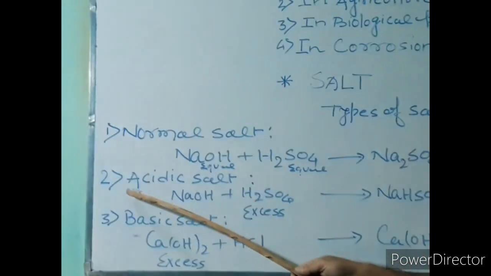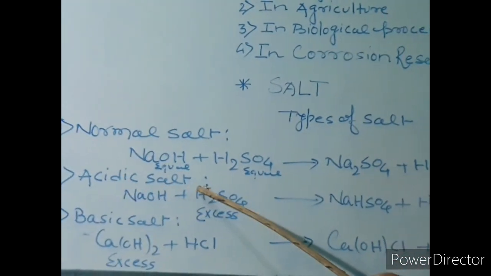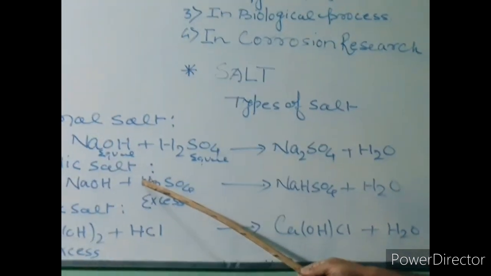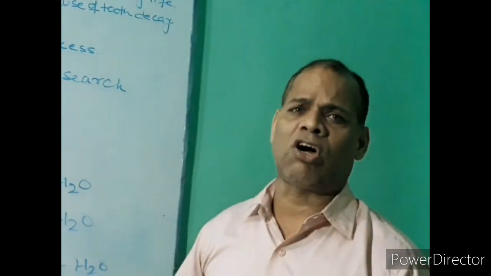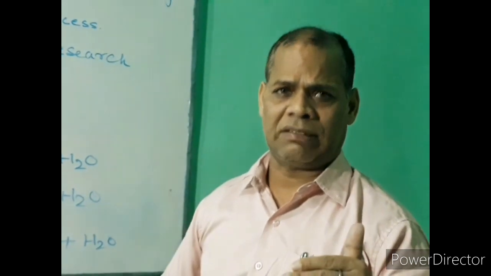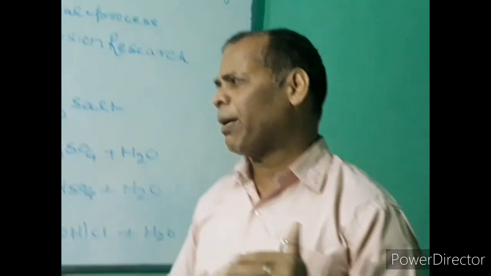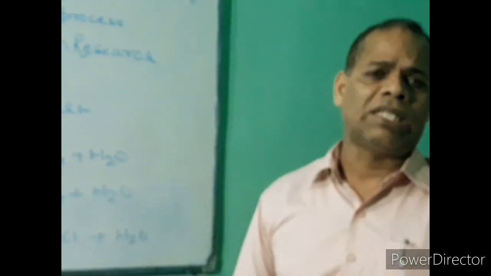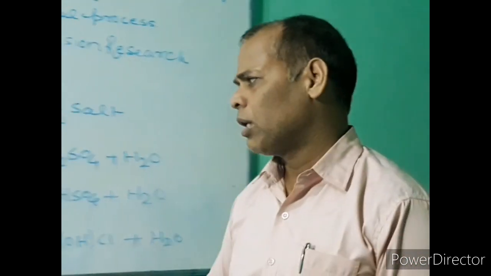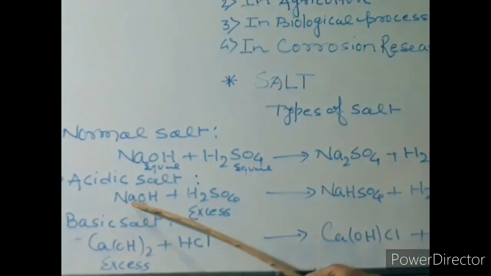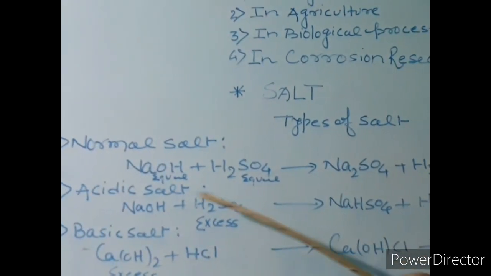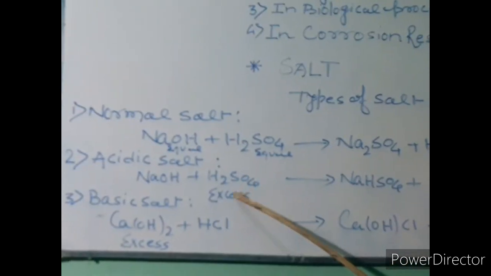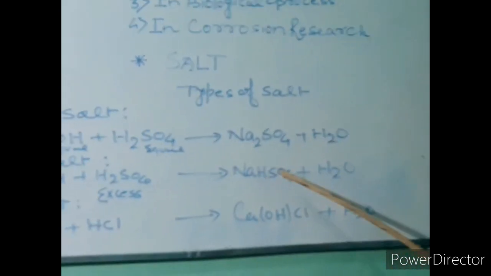Now another type of salt is acidic salt. Salt formed by partial replacement of H plus ion is called acidic salt. Here you take sodium hydroxide, the concentration is the same, but we take a little excess H2SO4, as a result the compound so formed is NaHSO4.